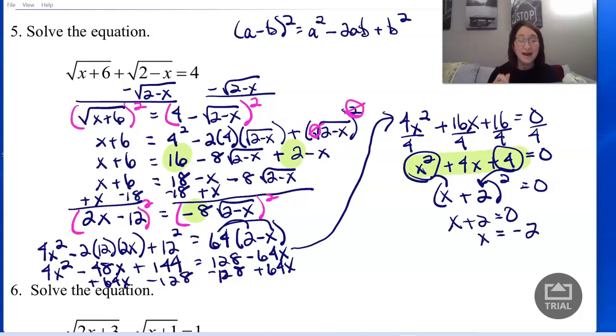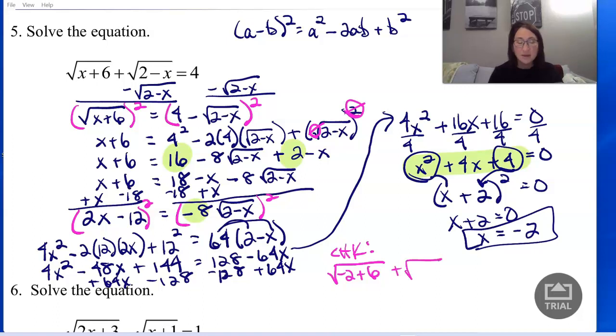So if I take this -2 and plug it in, I can actually quickly check my solution. So my check is going to be the square root of -2 plus 6 plus the square root of 2 minus -2 equals 4.